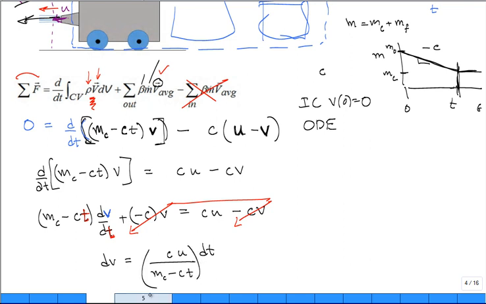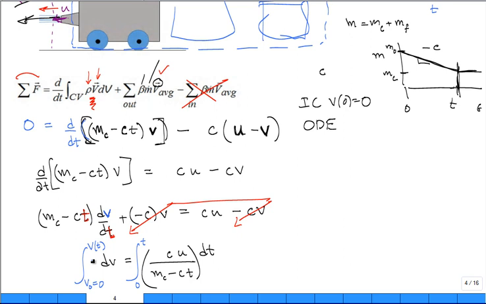Did I separate okay? Next step in the solution, after you separate, you integrate. You can put the limits to work so you can avoid the constant of integration, but we'll integrate from time 0 to some future time t, and the speed at 0 is 0 to some unknown future time t.